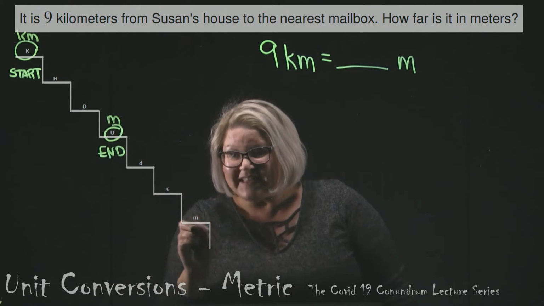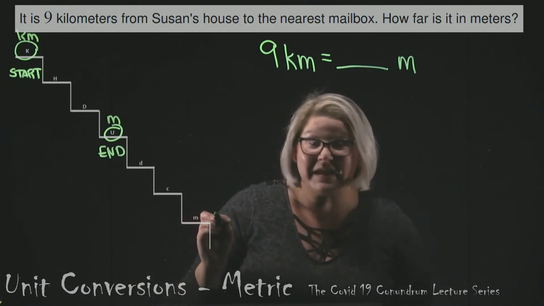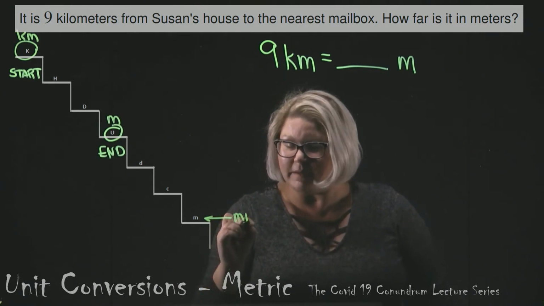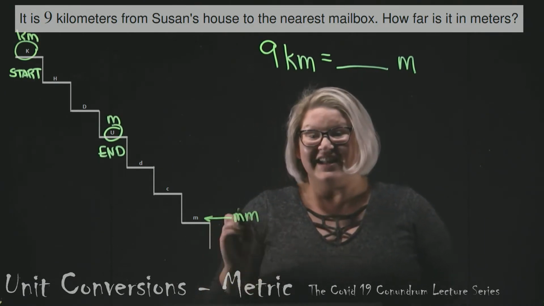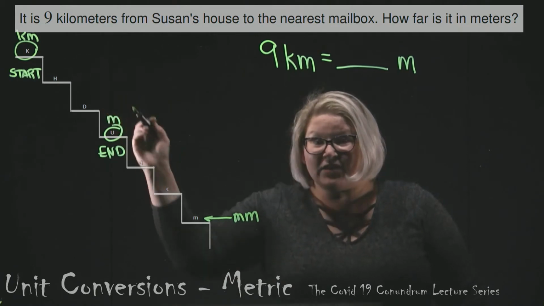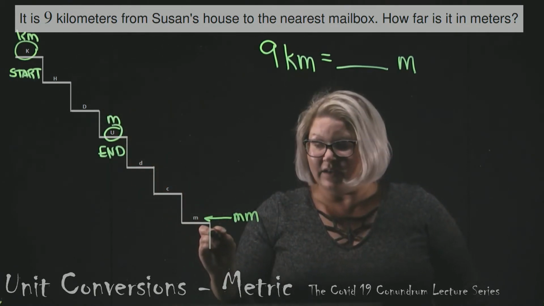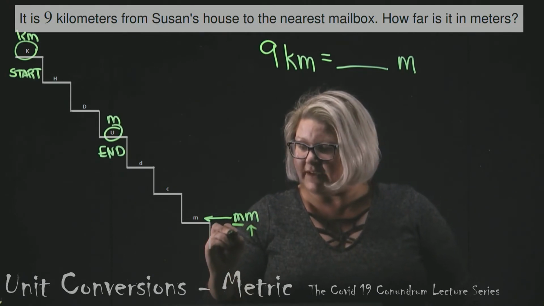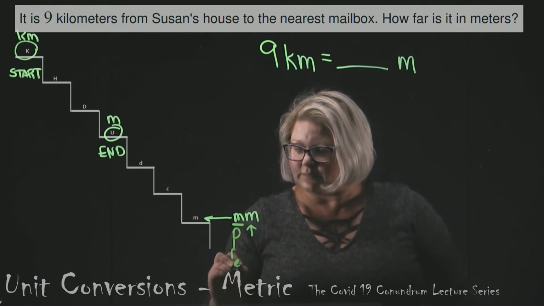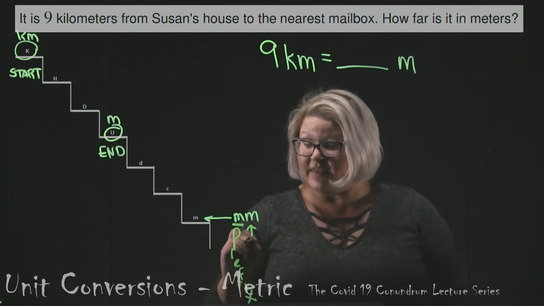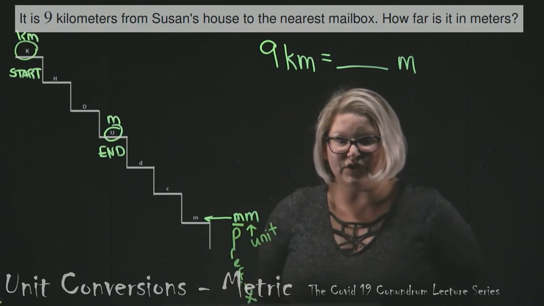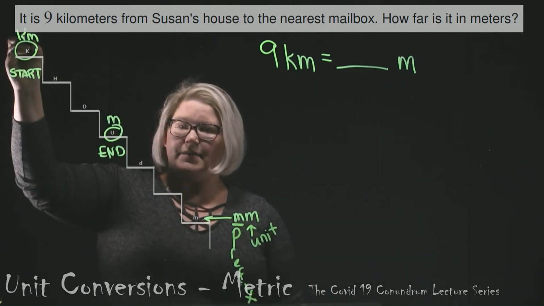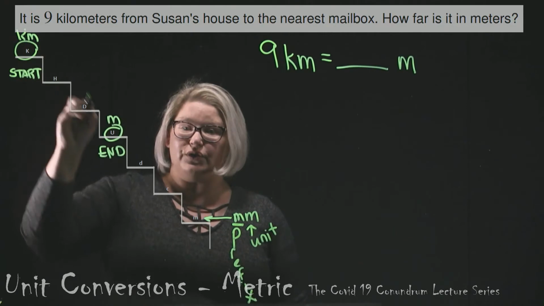Mind you, this M right here is not the meters you're looking for. That M represents millimeters. King Henry doesn't usually drink chocolate milk stands for the prefixes. So this is the prefix, and this is your unit. All right, so I'm going to start at kilometers and I need to get to meters.